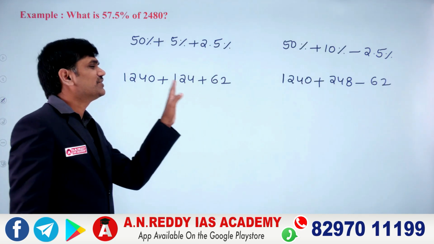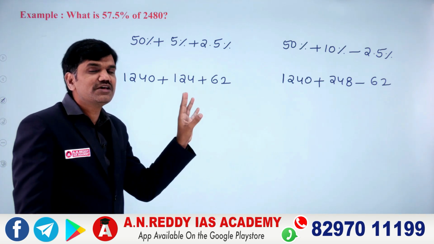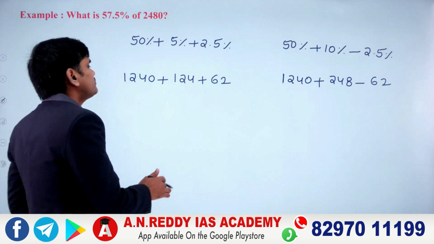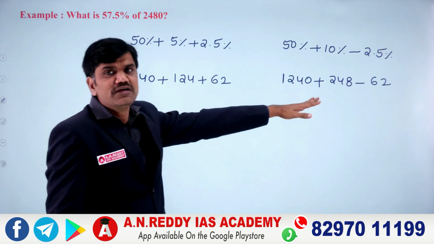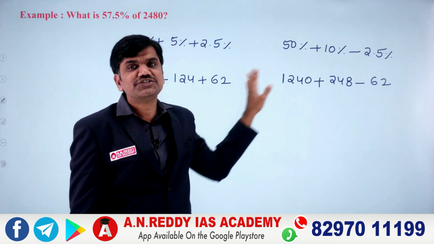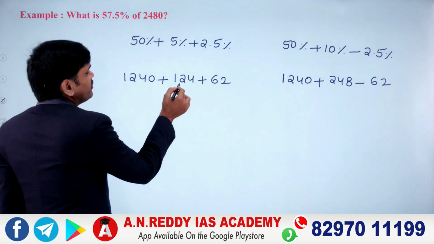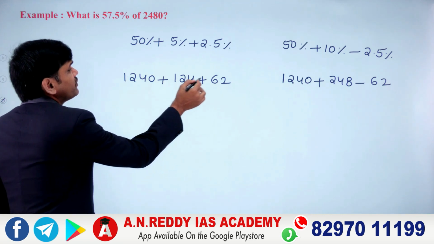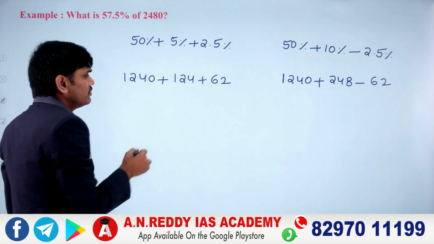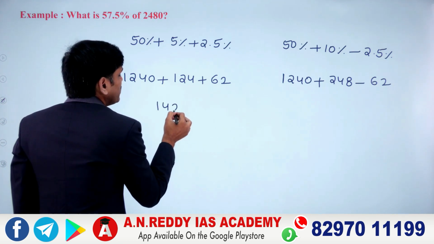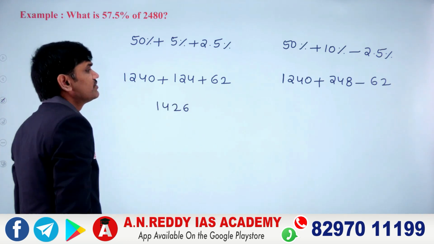I recommend you to go for this because doing addition is easier than doing subtraction, right? I'm not saying subtraction is impossible, that also can be done, but addition I prefer, right dear? So 1240 plus 124 will give you 1364, 1364 plus 62 will give you how much? 1426.